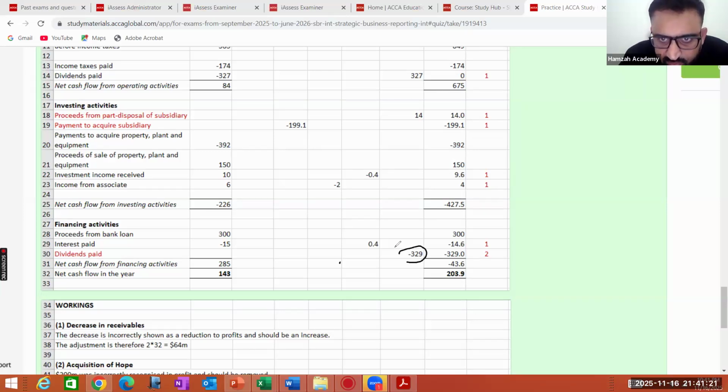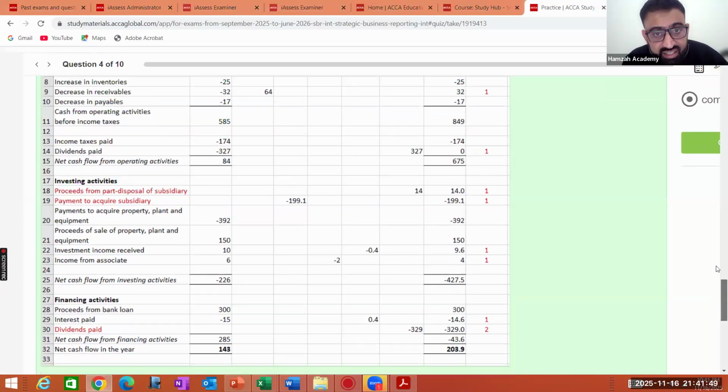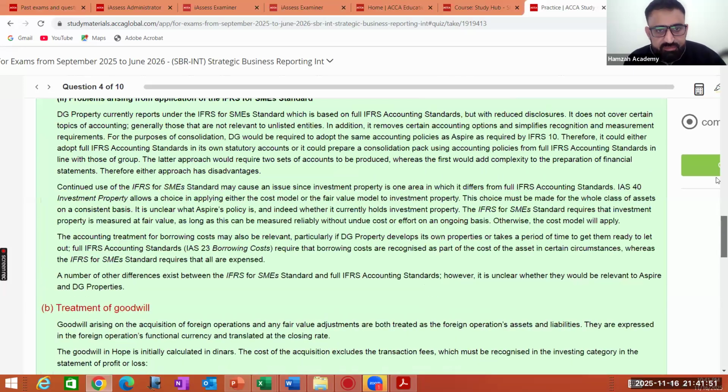You can see here 329. 327 is eliminated from operating and 329 is included in financing. This 329 includes the 327 as well, and there might be some error of 2 which will be discussed above. When they included it, it becomes 329. But the point to be noted here: from now onward, dividend payments and interest payments should be shown under the financing category, not under the operating category.